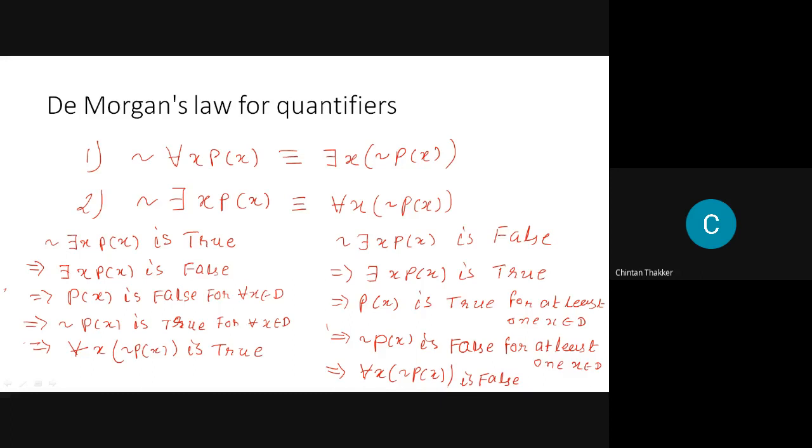In proving this theorem, we use the negation statement and the definition, meaning the values, of all x Px and there exists x Px. Okay. So this way we can prove the second part also.